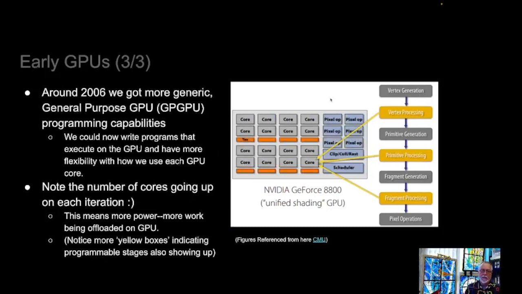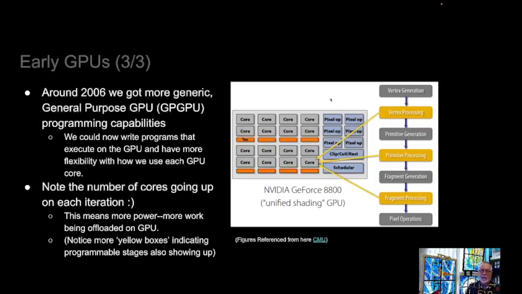And then we added some more capability, more cores. Those little gray squares that you see in there are the things that can act independently. So each one of those can render a triangle really quickly, or a multitude of triangles. They're going up with every iteration of the GPU that we see. You have more of these cores.